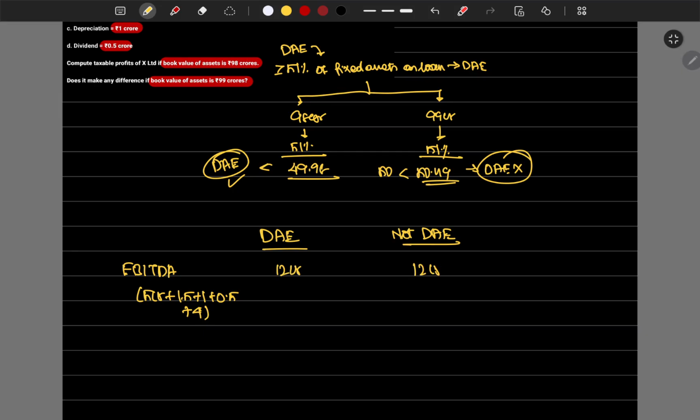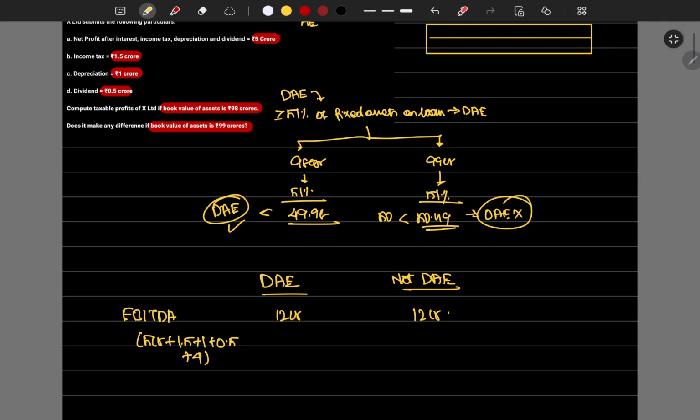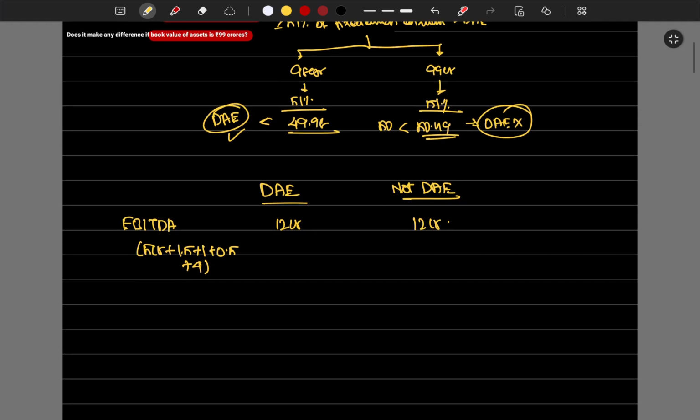EBITDA is 12 crore in both the cases. Then 94B interest allowed is 30% of EBITDA, 12 into 30%, which is 3.6 crore.